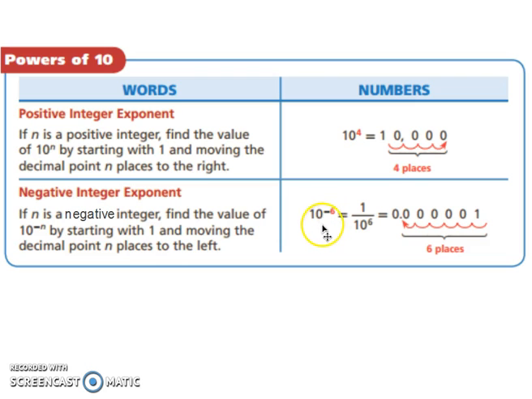We talked about in the previous section that that's really like 1 over 10 to the 6th. Well, we start at 1, and then since it's negative, we're going to move 6 places to the left. So 1, 2, 3, 4, 5, 6, which is going to leave you with 5 zeros because you're starting on the right-hand side of 1.